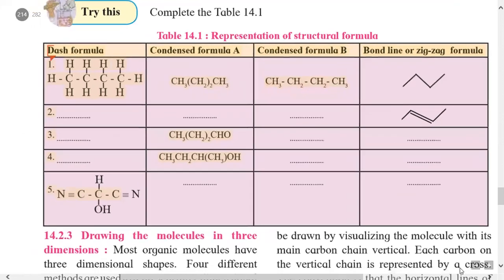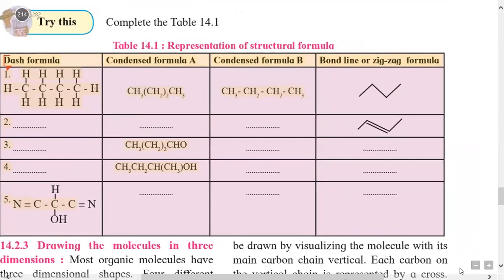So this is a bond line formula or zigzag formula, in which at the left end there is a CH3 group. Here the second carbon at the middle position has CH2. Then the third carbon again at a middle position, therefore CH2. And at the right hand side corner, there is a CH3 group. So this bond line formula can be read as CH3, CH2, CH2, CH3.